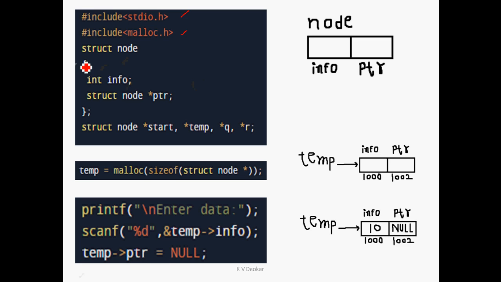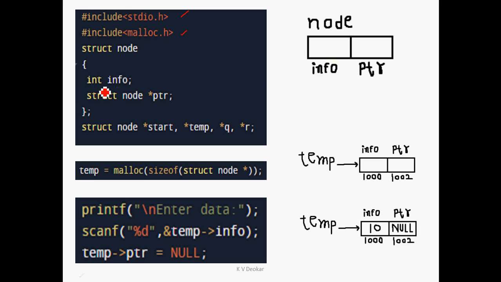Then we have declared a structure, struct node, named node, which has two parts, the info part and the pointer part. The structure will have two members. First is an integer, info.